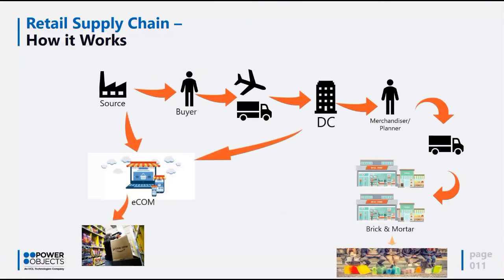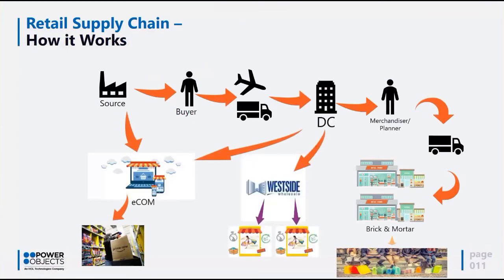And those can be brick and mortar, e-com, as well as wholesale. So that's the whole flow of the retail supply chain. Very simple flow here, but I just wanted to give everyone an overall visual of how this all flows together.